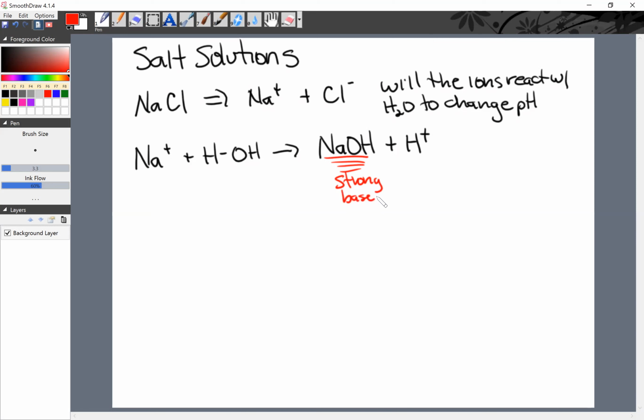Nature loves neutral or the lowest energy case, and then we can also add in there the weakest possibility, and in this case, base. So nature is not going to take a nice neutral ion like sodium and react with water to make a strong base. Nature is not going to make a stronger combination. So that's why we would call it a spectator, because it's just going to float around.